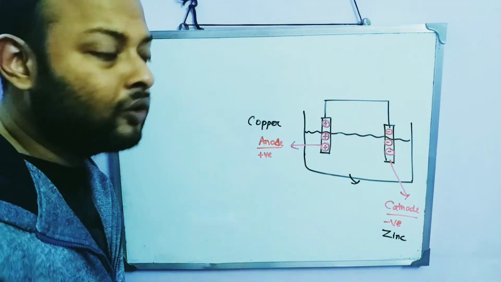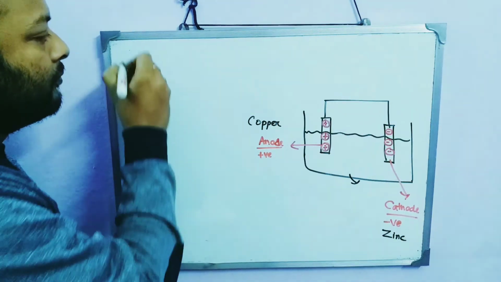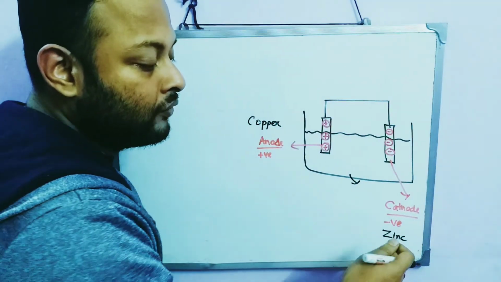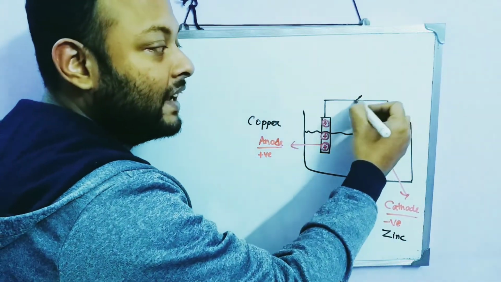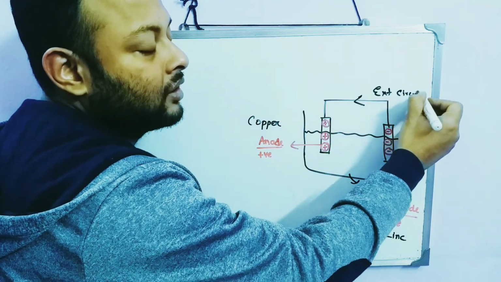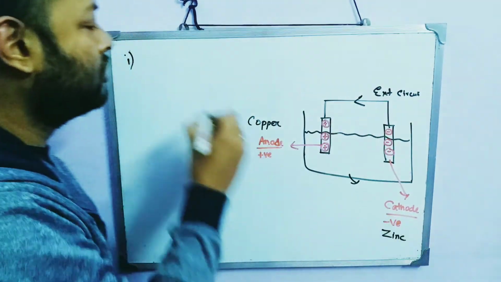So you got the basic idea about EMF. A few points I have to say: electrons flow from the cathode to the anode in the external circuit. This is the external circuit, going like this.